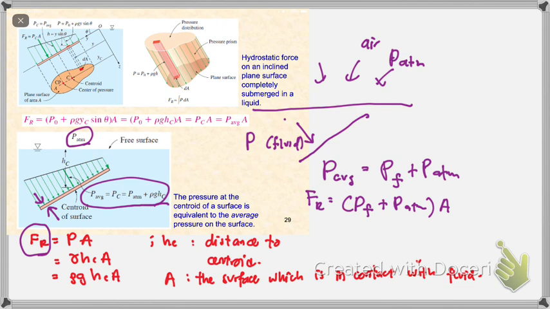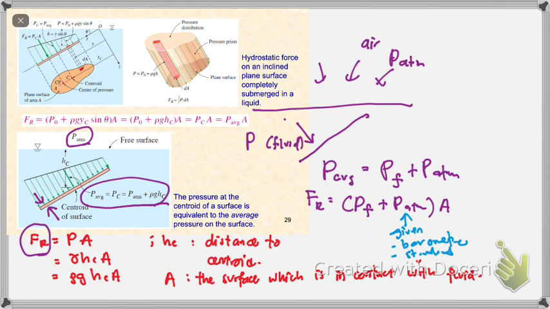In which this P atm is either given in the question, or you find it from a barometer, or you use the standard value, which is 101.31 kilopascal.